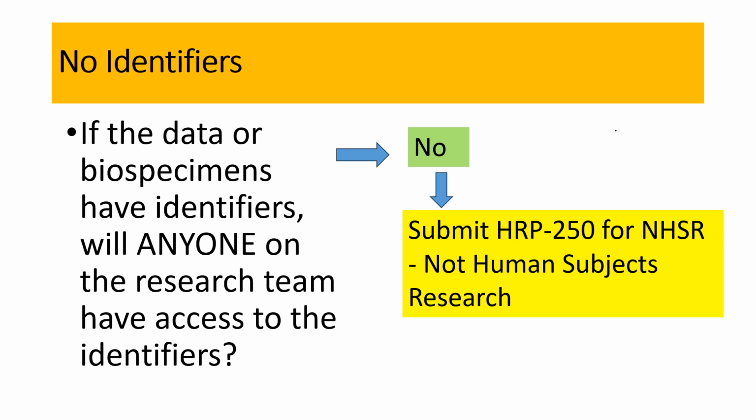For instance, if the data is coming from an electronic medical record, for it to be not human subjects research, someone else with access to the data who is not on the research team will have to extract the data, remove any identifiers, and provide the de-identified data to the study team in order for it to qualify as not human subjects research. There is more information coming up that covers research where the team is accessing the medical records directly.